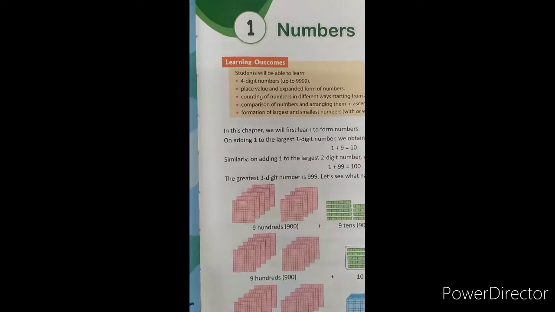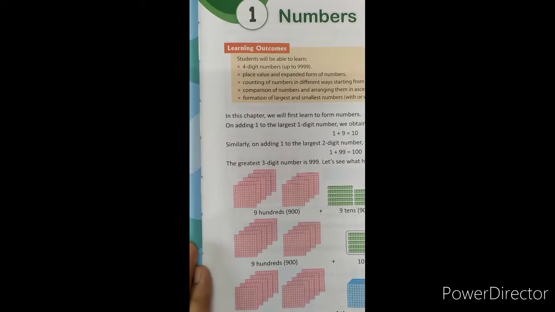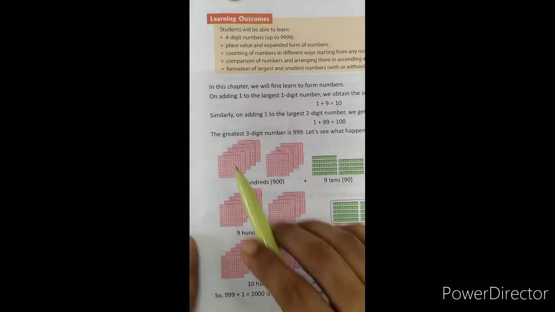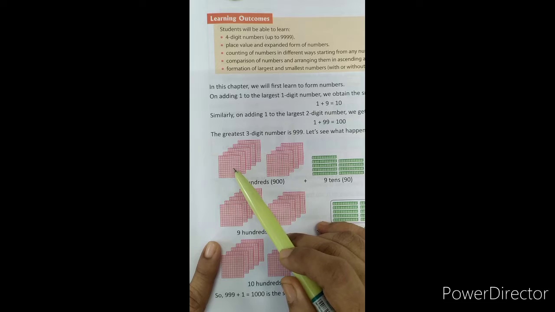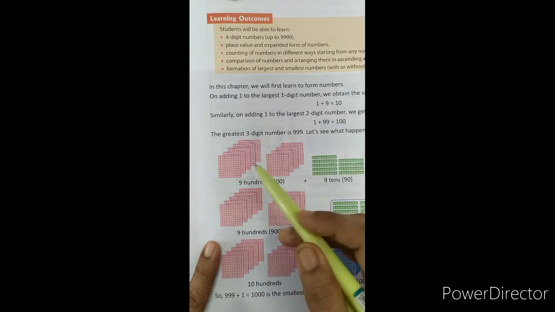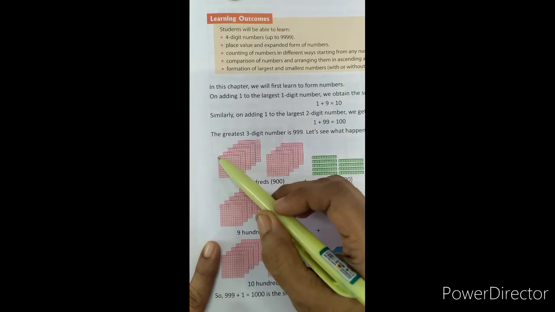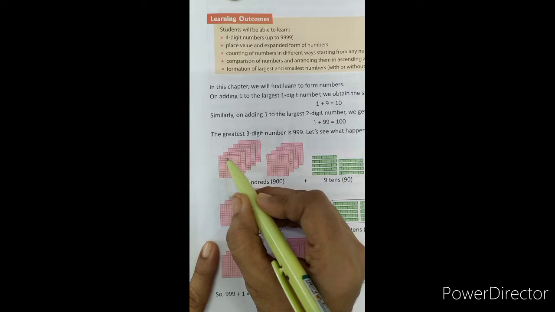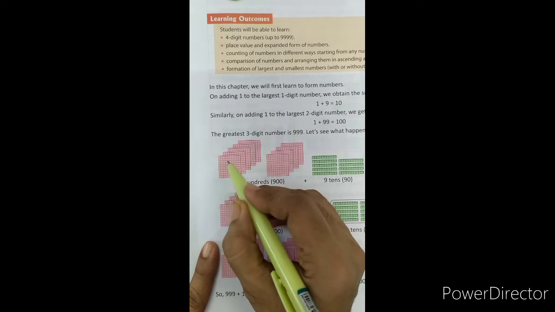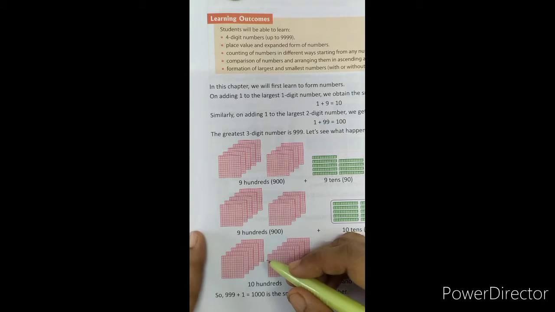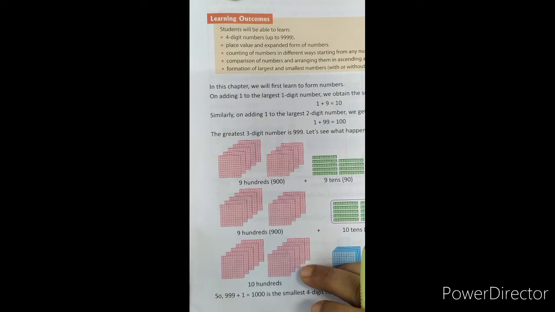So we will see how in our book these 4-digit numbers are shown by pictures. Now, if you look at these red color slabs, can you see them? If you look at one slab, you will find there are 100 small squares. Can you see the small squares over here? If you count these squares, you will find that one slab has 100 squares.